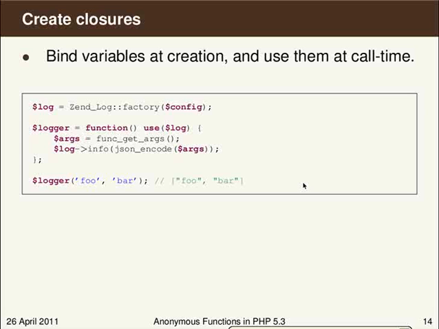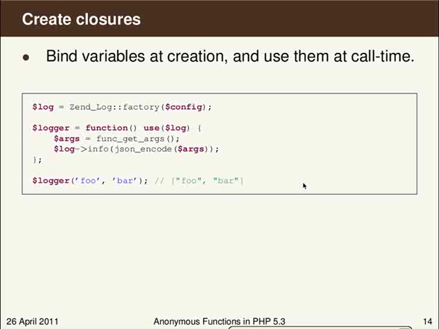So I get my log object somehow. In this case, I'm using Zenlog factory and passing it some configuration. And then logger is going to be a callback. And that callback is not going to define what the arguments are up front, but it will use log within it. And I will grab all of my arguments using funcGetArgs.